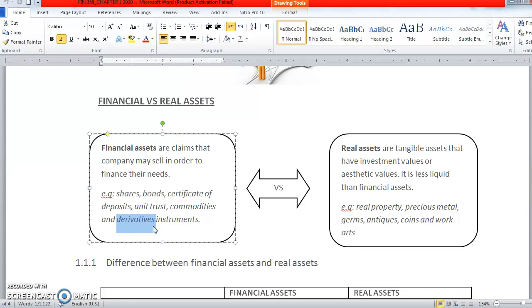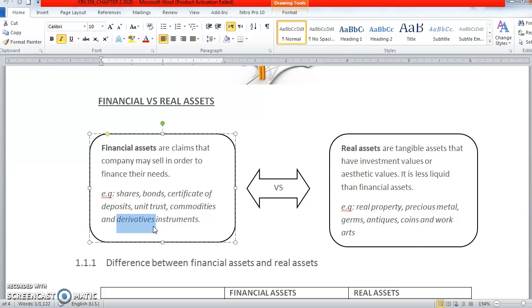Contoh kontrak futures dan options, yang mana you boleh ada pilihan untuk beli target, beli CPO tadi pada harga yang dah di lock. Itu dia panggil futures or options. So futures options ni lah kita panggil sebagai derivative based on harga asal CPO tadi, bahan mentah tadi.